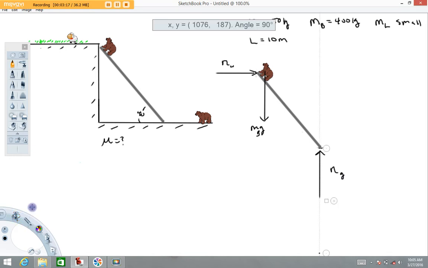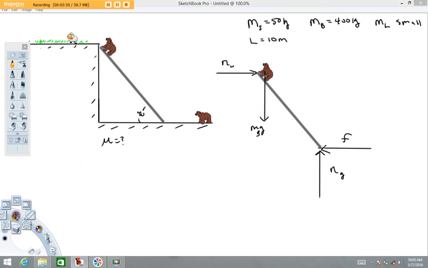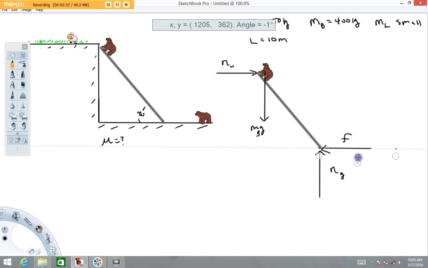Another force, we're going to have a frictional force, and that's going to be basically holding that ladder in place. Now, if we go back and look at this surface, conceivably, we may have a frictional force at that surface. So I'm going to go ahead and put one there, at least for the time being. If that would be supporting the ladder, that would be up. That would be the frictional force, let's say, at the wall.